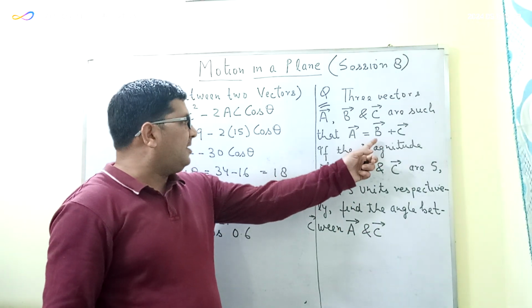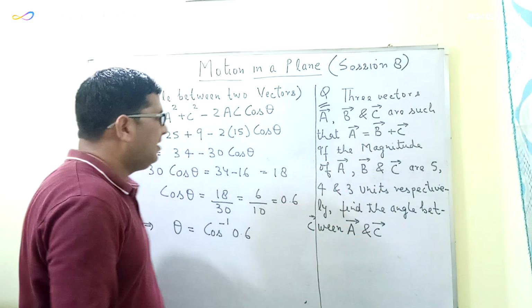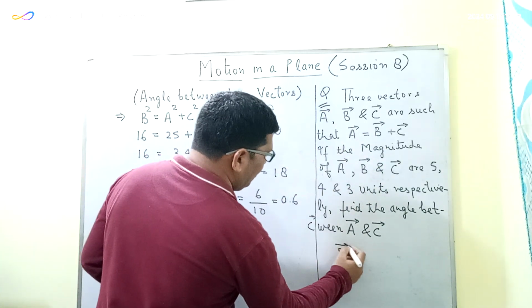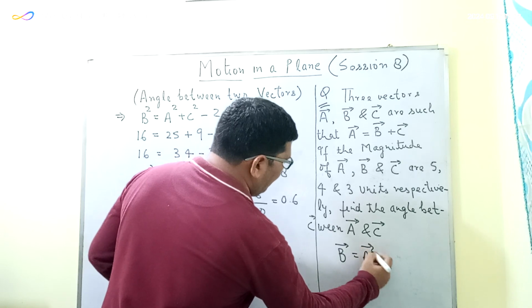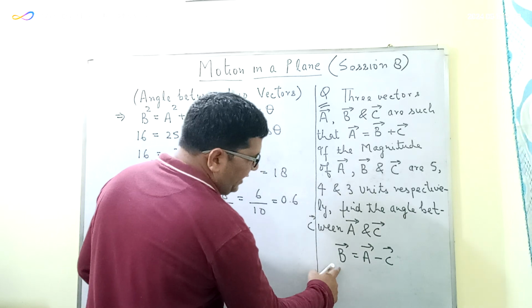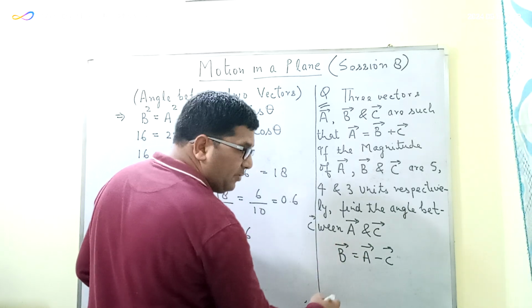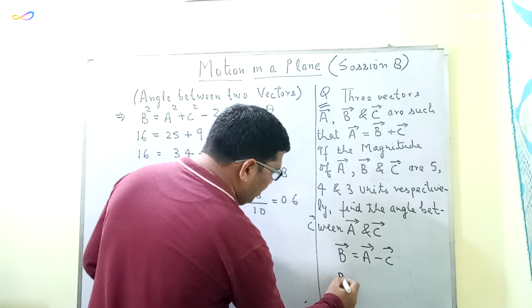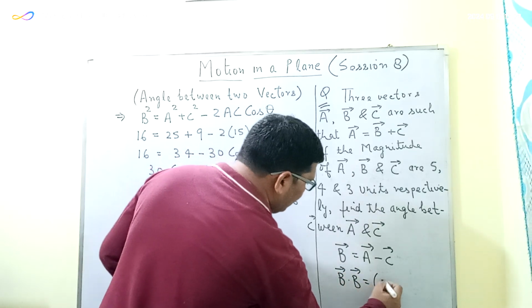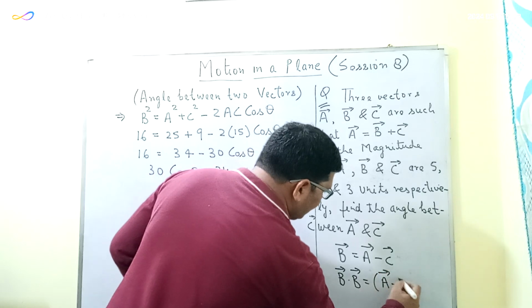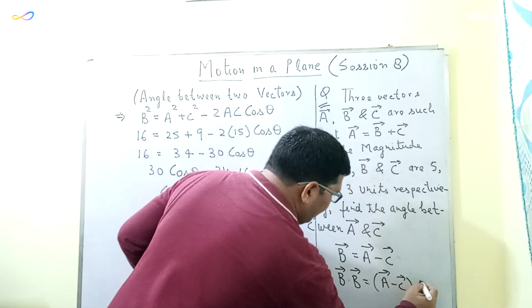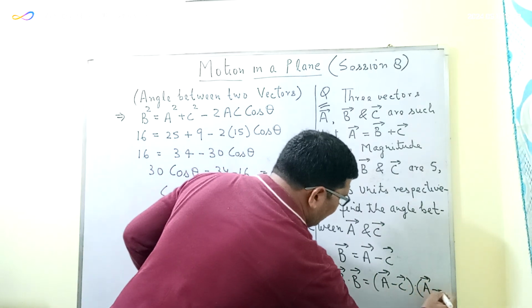So here, in order to find the angle between these two vectors, the first step was to equate vector B as vector A minus vector C, and then the second step was to square this equation on both sides. So what I got was vector B dot vector B equal to vector A minus vector C whole square.